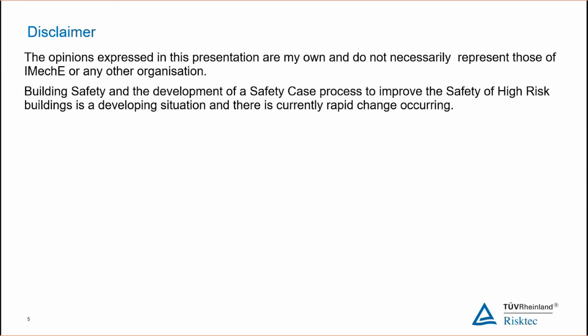It's also important to recognise that building safety and the development of these safety cases to improve the safety of high-risk buildings is a fairly rapidly developing situation. The guidance is continuously being developed, and therefore there is a fair bit of change happening.